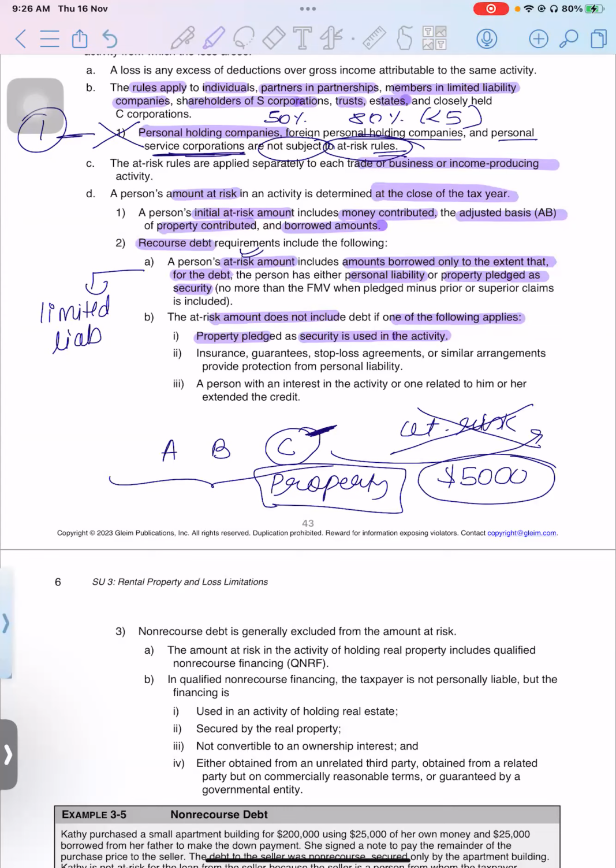Same way, if an insurance guarantee or a stop loss agreement is made, or a similar arrangement provides protection for personal liability, so on this 5,000, if they have taken insurance, or if there is a stop loss agreement or any guarantee is given, then the at-risk rule will not consider this 5,000. Clear, guys?